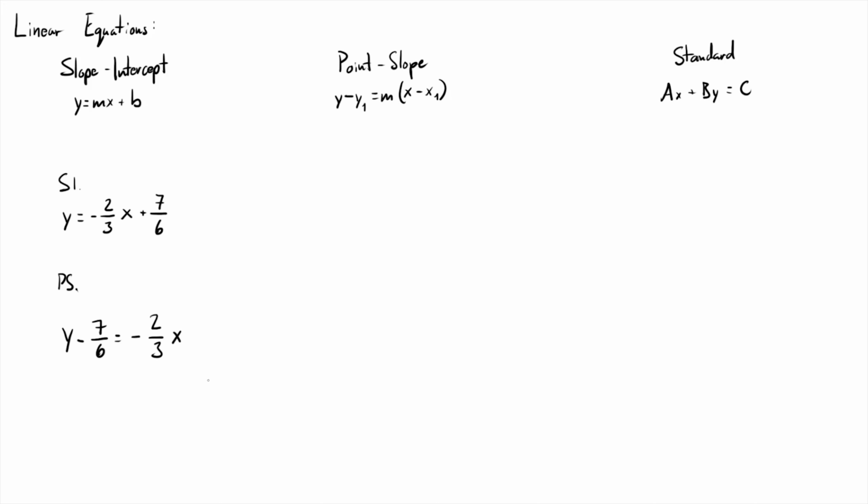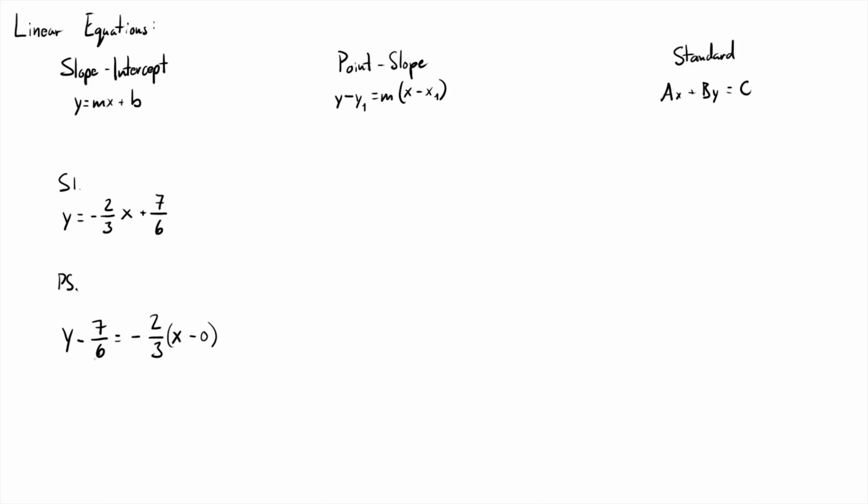So I'm going to have y minus 7 over 6 is equal to negative 2 over 3x. And now this is pretty much your final answer, because this is equal to y minus y1 equals m times x minus x1. In this case, x1 is just 0. This can be written as x minus 0 if we wanted to.